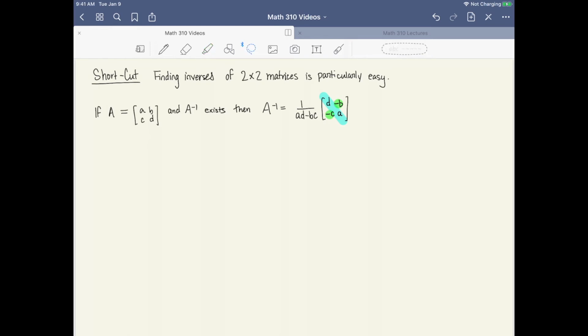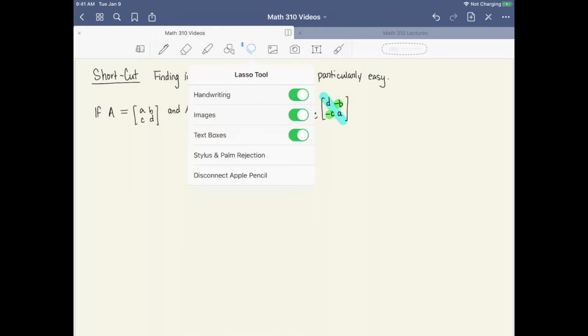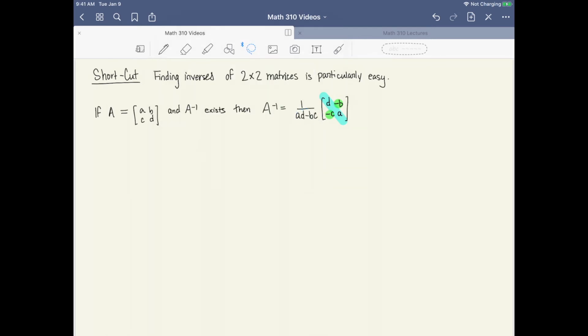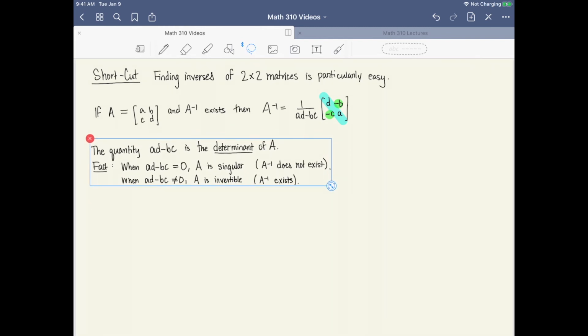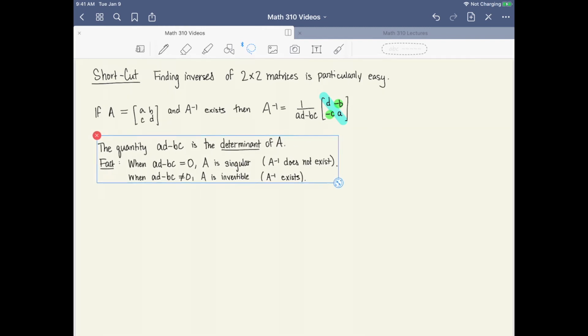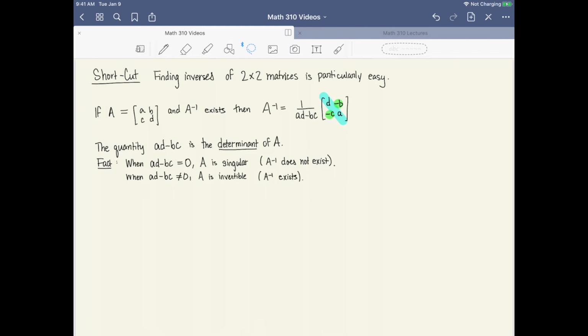This quantity AD minus BC that shows up in the denominator of the scalar, this is called the determinant of the matrix. We'll certainly be talking more about determinants in the future. But for a 2 by 2 matrix, this determinant is AD minus BC. And the fact is, when the determinant of a 2 by 2 matrix, AD minus BC, is 0, that means that the matrix is singular.